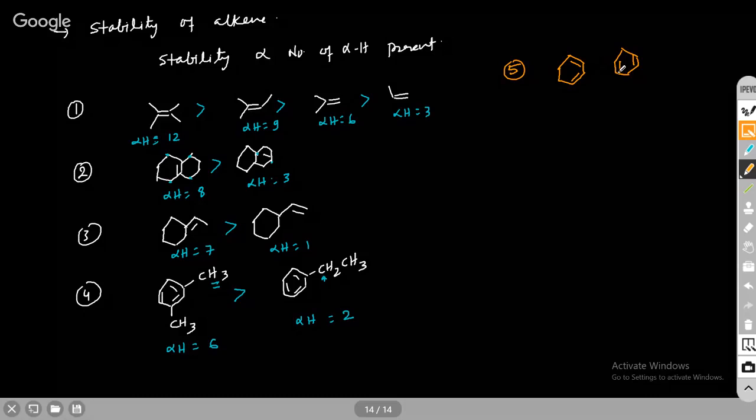Why equal? The second one is more stable. Why? Because the second one has more alpha hydrogen.